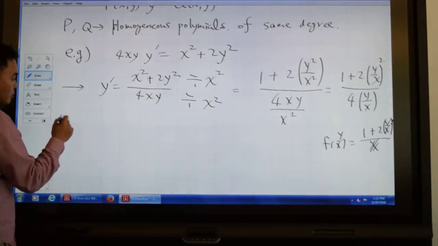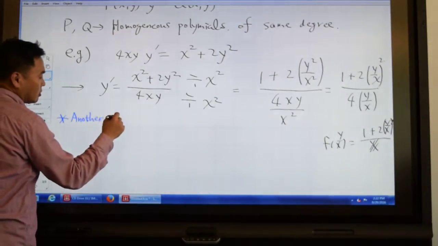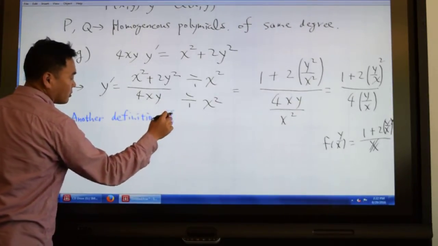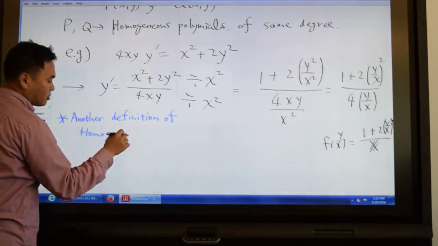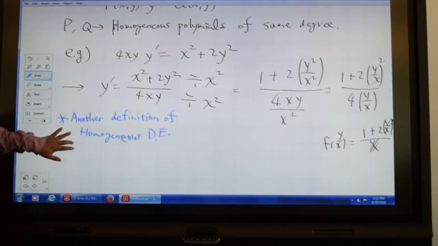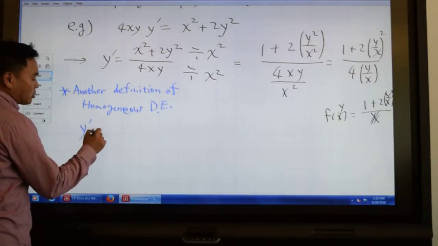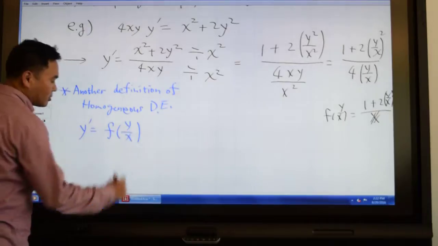And that always happens, which provides us with the second definition of homogeneous equation. So another definition of a homogeneous differential equation is that you have y prime equals a function of y over x.